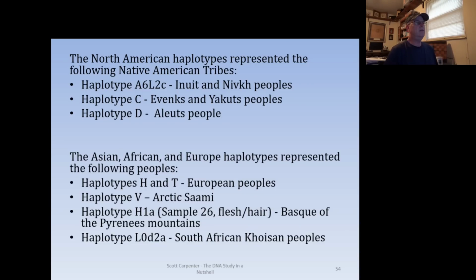And the rest of them came from Asia, Africa, Europe, and those are haplotypes H and T, V, H1A. That was sample 26, flesh and hair. And from South Africa came haplotype L0D2A.